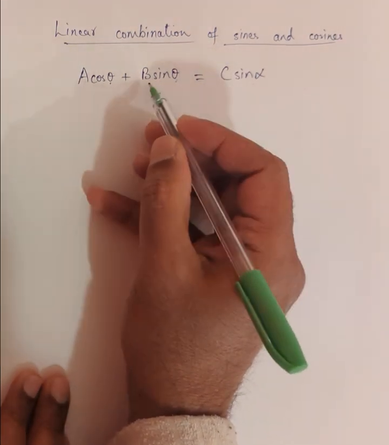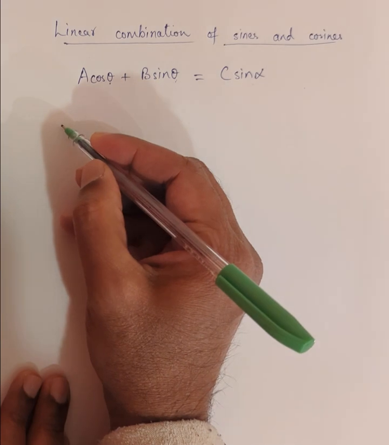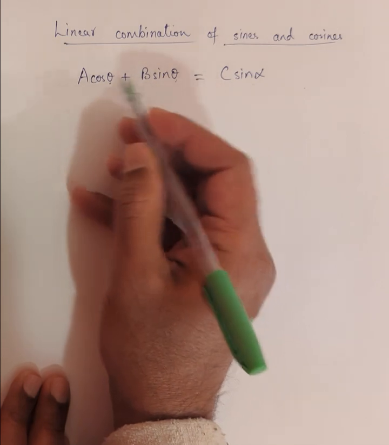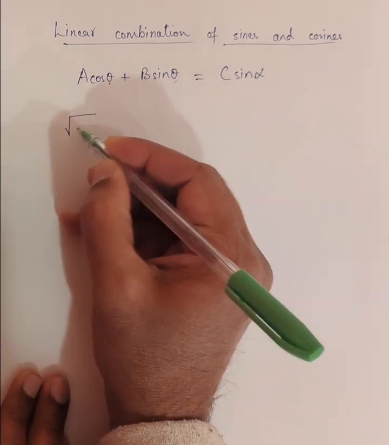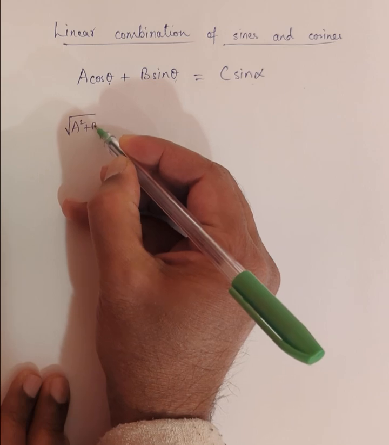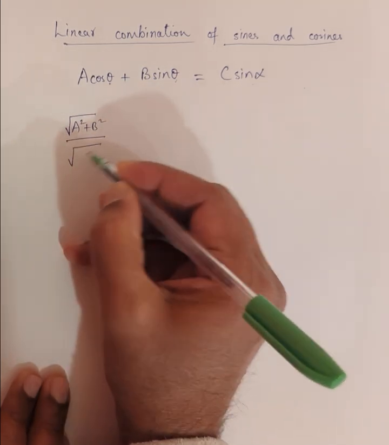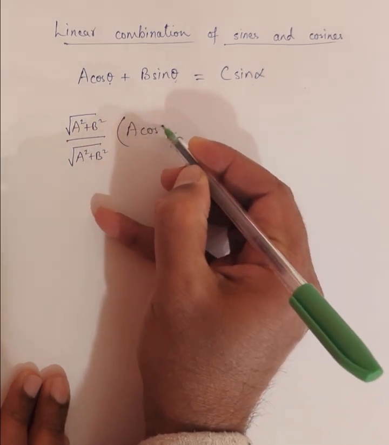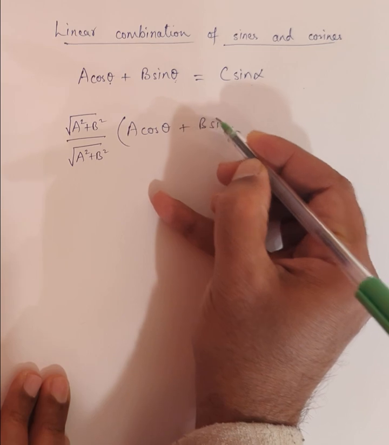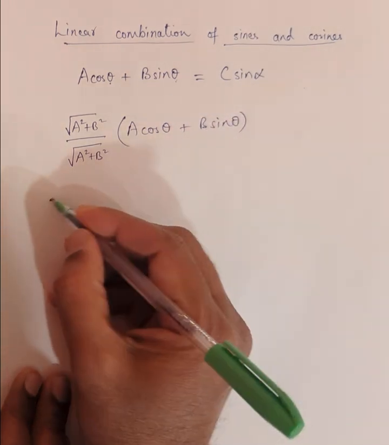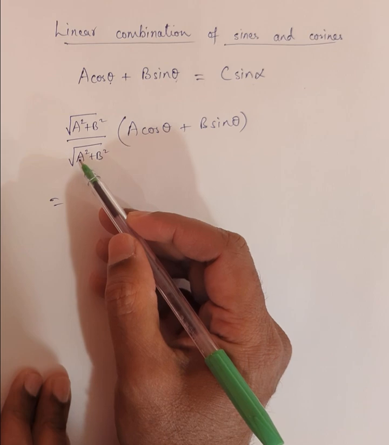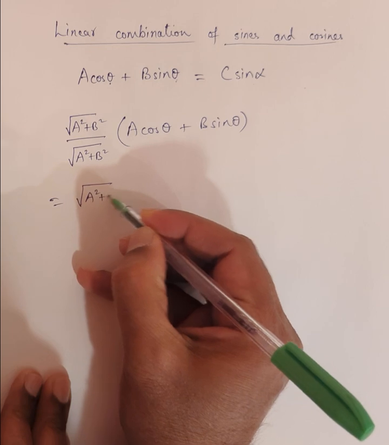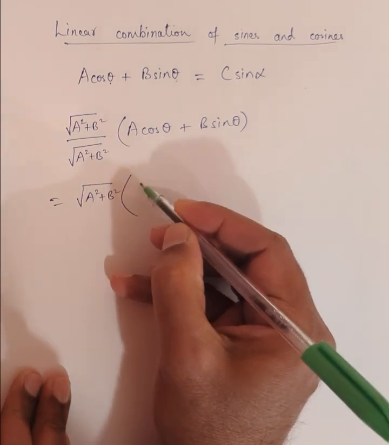So here is what we are going to do. If I multiply and divide the expression a cos theta plus b sine theta by the square root of a square plus b square, then what I get, now let me move this square root of a square plus b square in the denominator inside the parentheses.